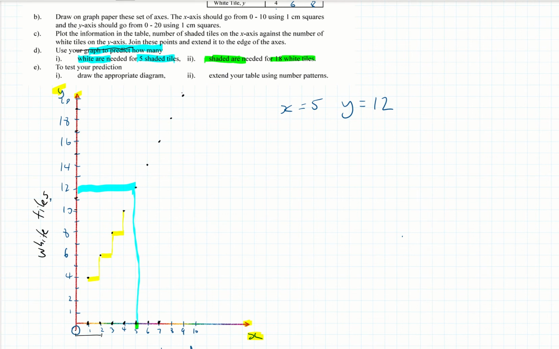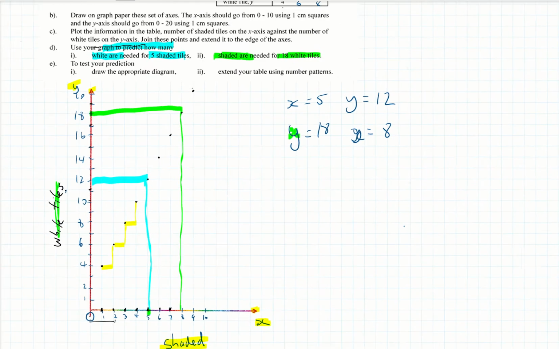So I've got 18 tiles of white. These are my white ones here, right? So I'm going to go across to the 18 and then down. And I can see that it's 8. So where y equals 18, x is going to be 8. That's what we're doing at the moment. We're learning how to read these graphs.